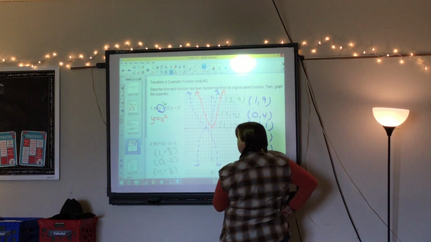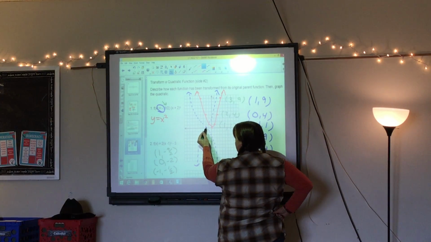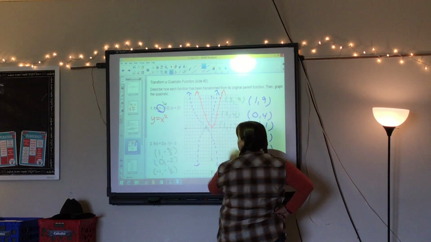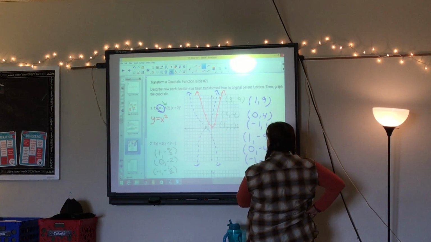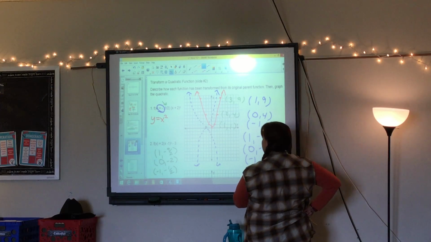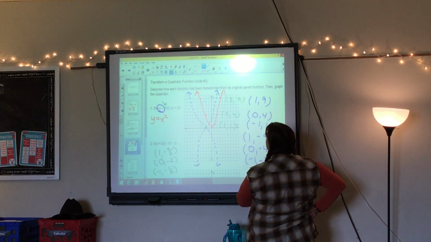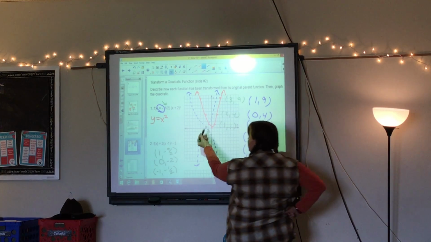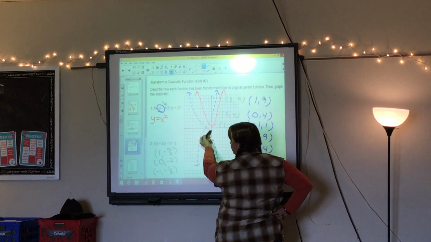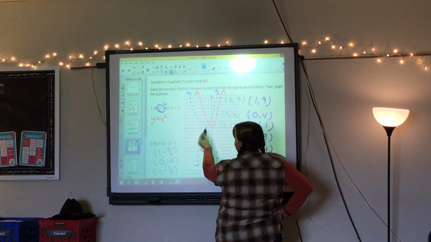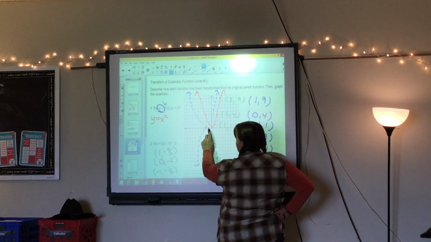So let's graph those. We know our vertex stays here. That's 0, negative 2. Oh yeah, I understand now. Okay, and then negative 1, negative 1/2. So it's this one right here.